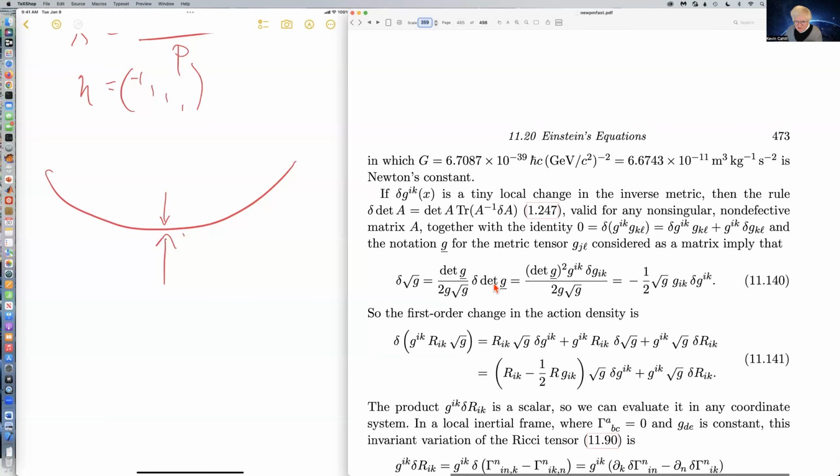And so this thing is equal to that, apart from an extra det, and that extra det turns determinant of g into determinant of g squared.